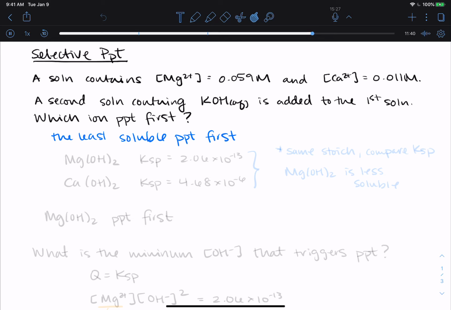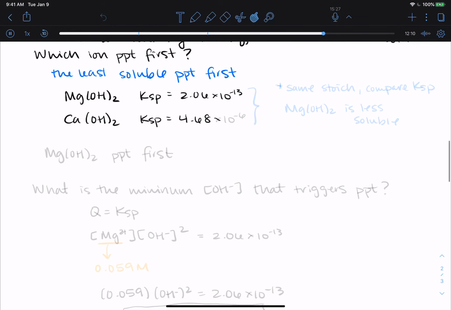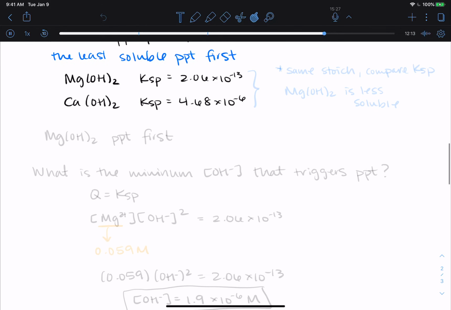So if I add potassium hydroxide to this, my potential products are magnesium hydroxide and calcium hydroxide. Magnesium hydroxide has a KSP of 2.06 times 10 to the minus 13, and calcium hydroxide has a KSP of 4.68 times 10 to the minus 6th.